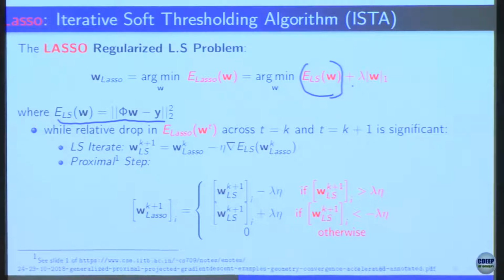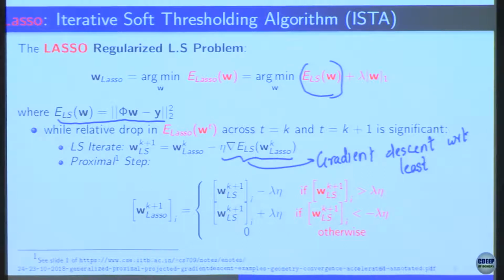And what you do, you find the least square iterate, which is take the Lasso iterate from the previous iteration and do a gradient descent with respect to the least square. And thereafter you adopt something called the proximal step.